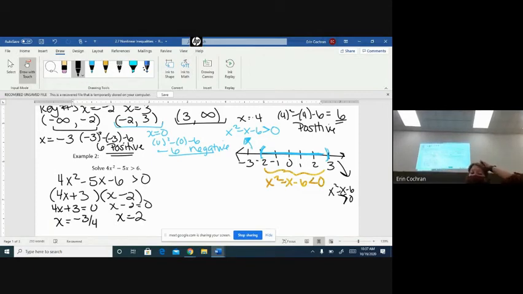So the nice thing about this, yes, we're solving. So we know these are going to cross our x-axis at what? 2 and -3/4, because when your y is 0, aren't those your x-intercepts, which are my solutions?